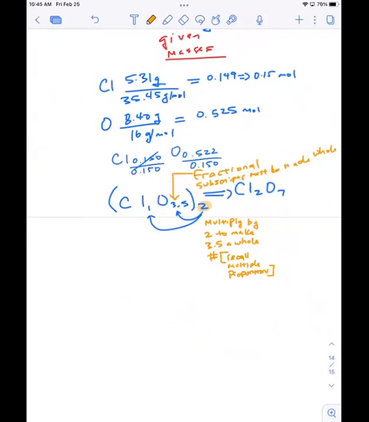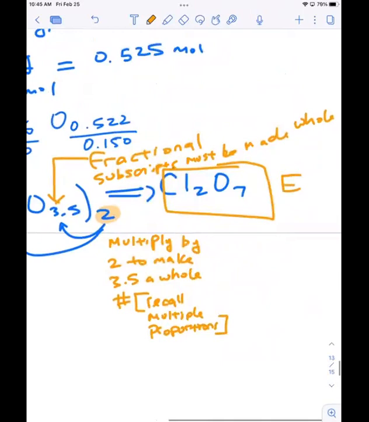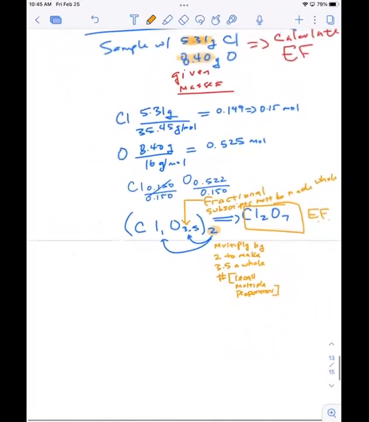That takes the 3.5 up to 7, and it takes the chlorine up to 2. So this is the empirical formula for a sample that contains chlorine and oxygen in this ratio, 5.3 grams to 8.4 grams. The empirical formula is Cl2O7. Any questions about that? It's the same setup as the previous problem.